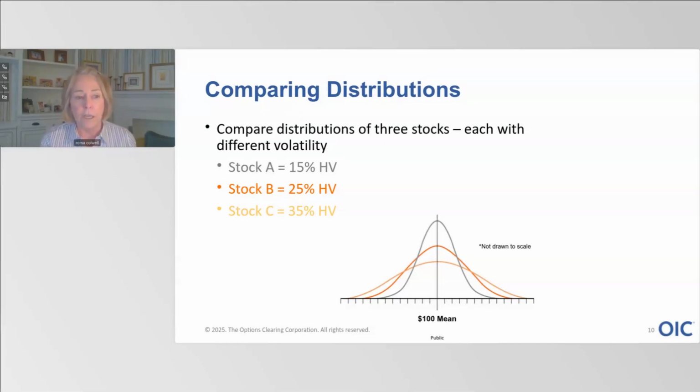So if you're looking at the standard distribution and you're looking at your risk, right? So if I am trading stock A here and I have historical volatility of 15, basically that means it's going to probably trade in a smaller range than if I was looking at stock C, where historical volatility is 35%, then I'm looking at it trading in a larger range.